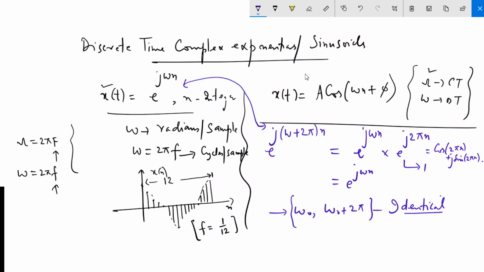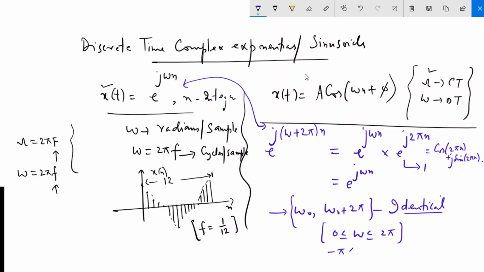Okay. So unlike the continuous time case, where the frequency range can vary from minus to plus infinity, in this case the frequency range is finite. Okay. So your frequency can take only a band of 2 pi. So it can be maybe from 0 to 2 pi. Generally we take this.